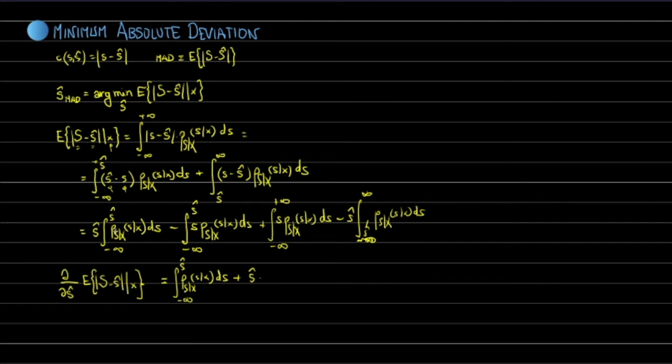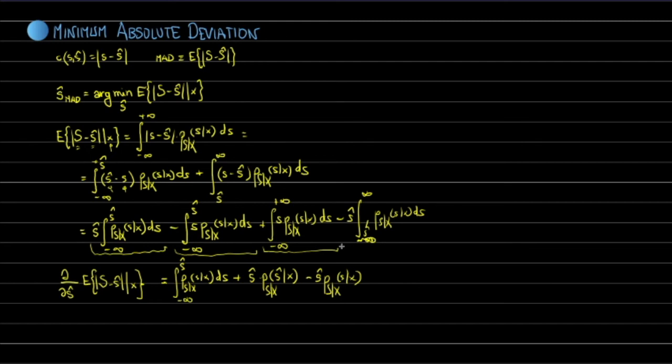Since S hat is just the upper limit of the integral, the derivative will be just the integrand, so this is equal to P of S given X evaluated at S hat. So we have this integral solved. Now we have to compute the derivative of the next term, and by the same reasons, the derivative will be the integral of P of S given X.